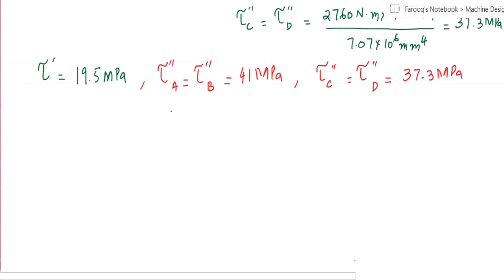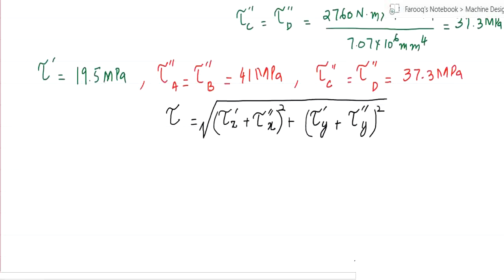So now we are going to find the maximum stress, and we know its formula, which is this. Now let us find the orientation of primary and secondary shear, so we may plug in the values for these variables.